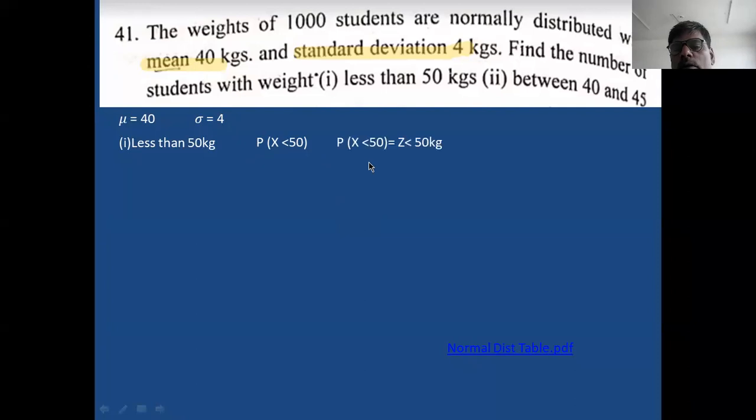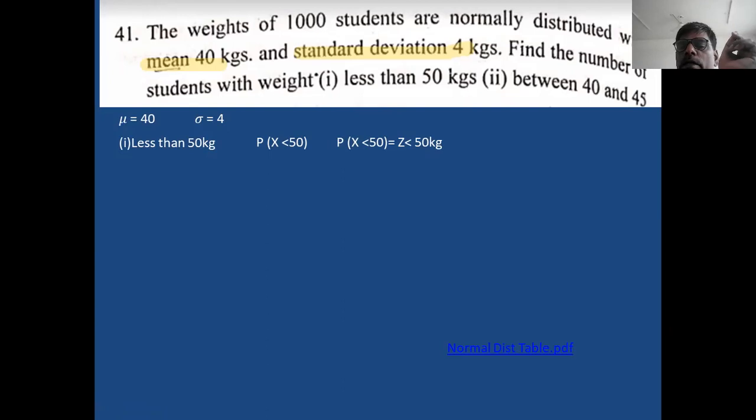So your answer: probability of X less than 50 is equal to probability of Z less than the standardized value. I have already given the standard normal variate.